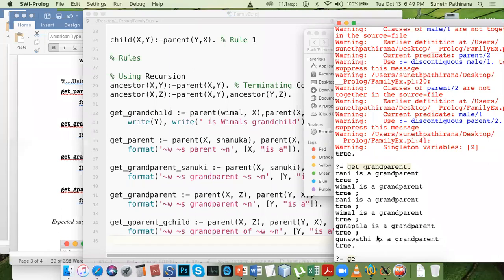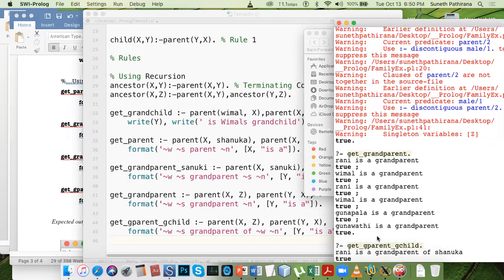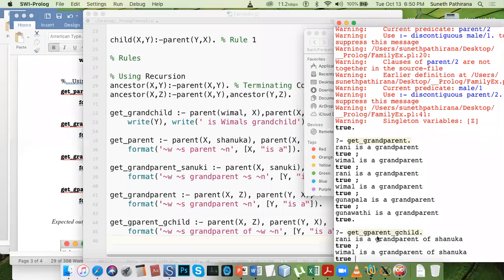Get g parent g child. That means list down all the grandparent grandchild pairs. Rani is a grandparent to Sanuka. Vimal is a grandparent to Sanuka.